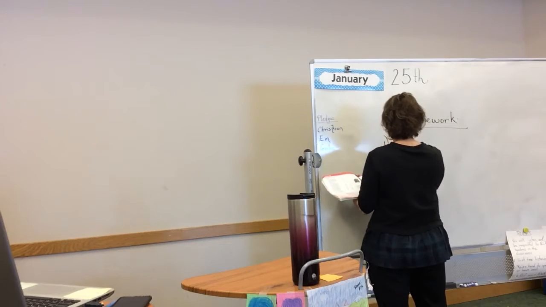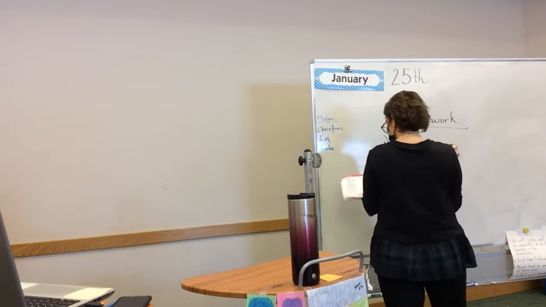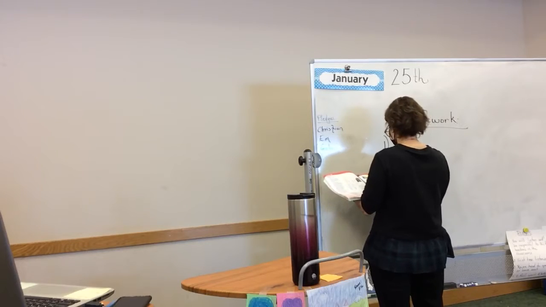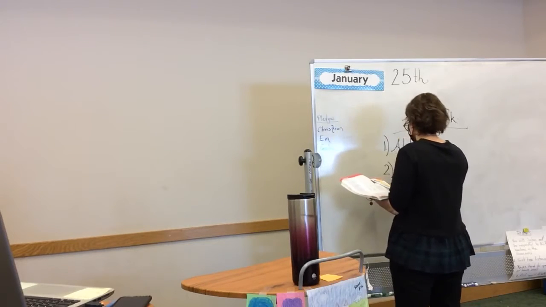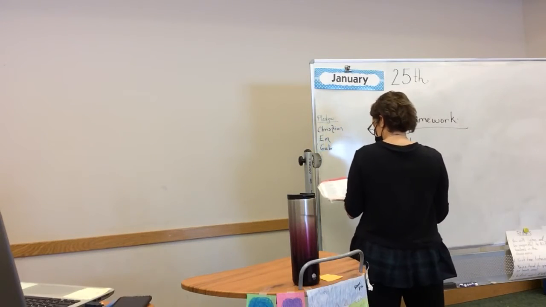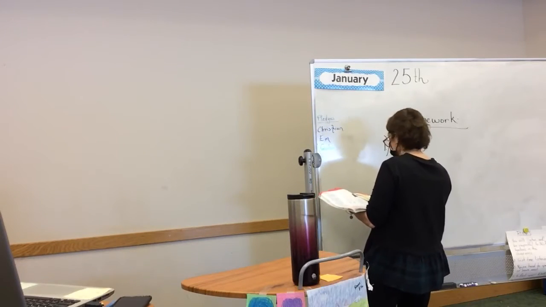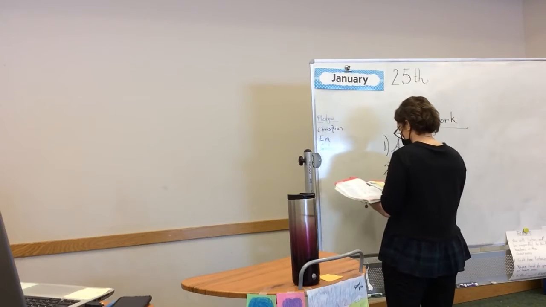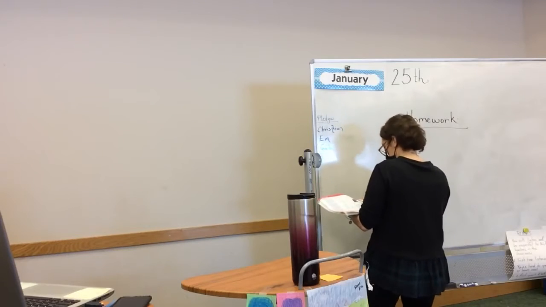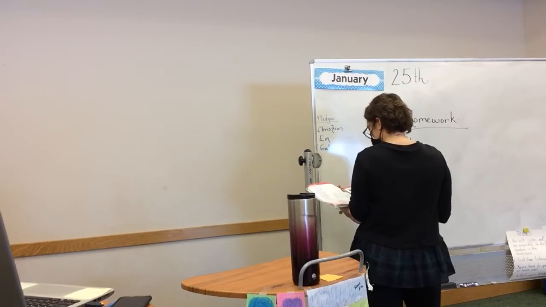So 1, we're going to do all of it, which are multiplication. 2, A and B, which there are just A and B anyways. 3, B. All of 5, which we're going to do together.